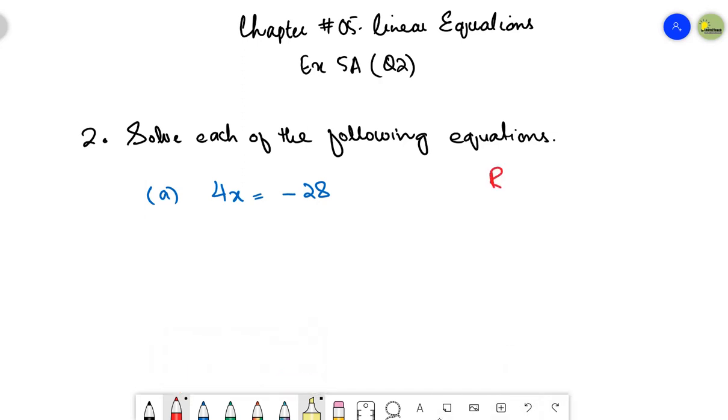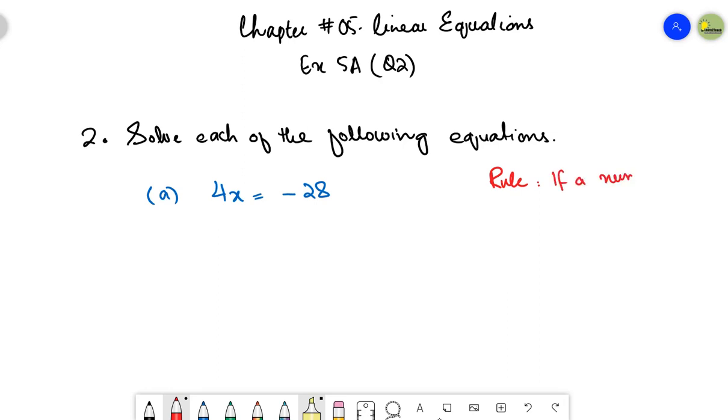The rule says that if there is a coefficient that is multiplying with the variable on one side, you can divide that number when you are going to shift it to the other side, right? Let me write it over here.